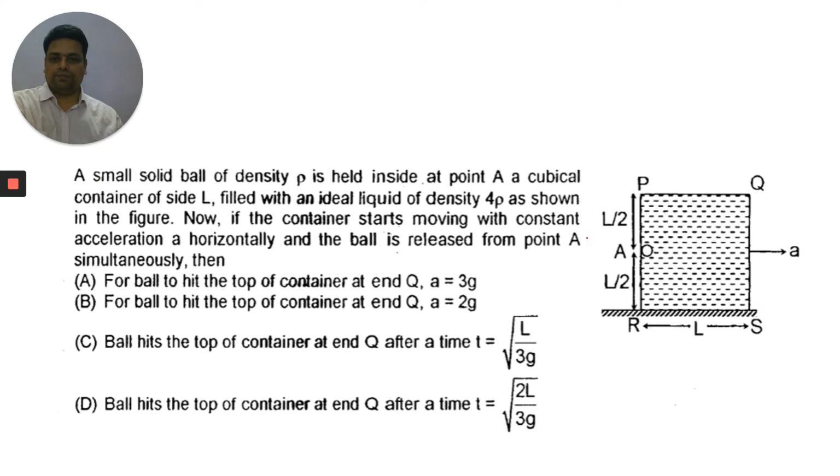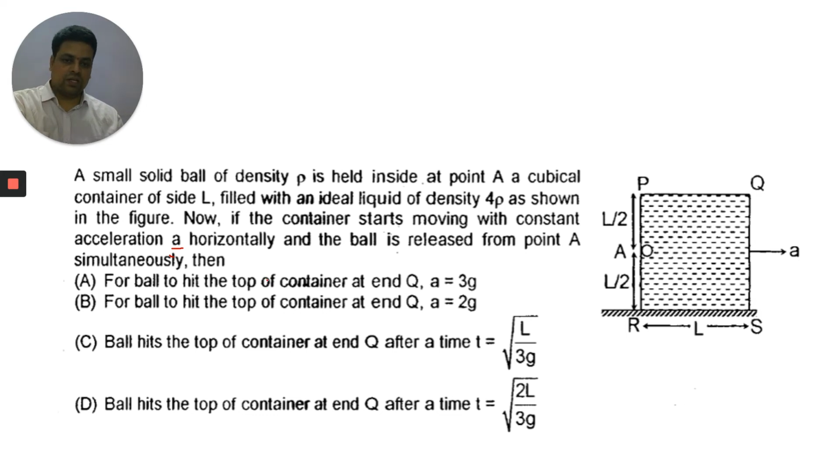Switching to the next one. A small solid ball of density rho is held inside at point A cubical container of length L filled with an ideal liquid of density rho as shown in the figure. Now, if the container starts moving with constant acceleration A horizontally, and the ball is released from A simultaneously, then you got questions here.